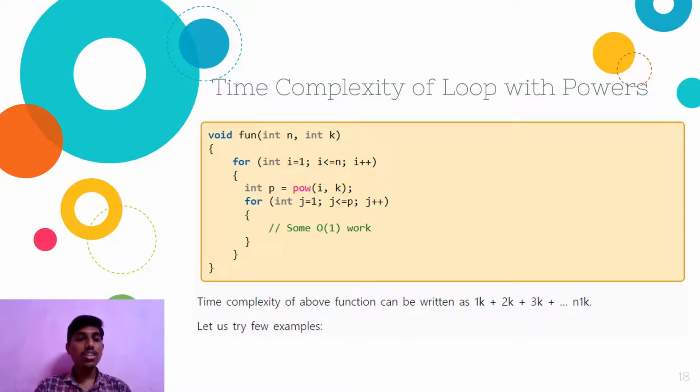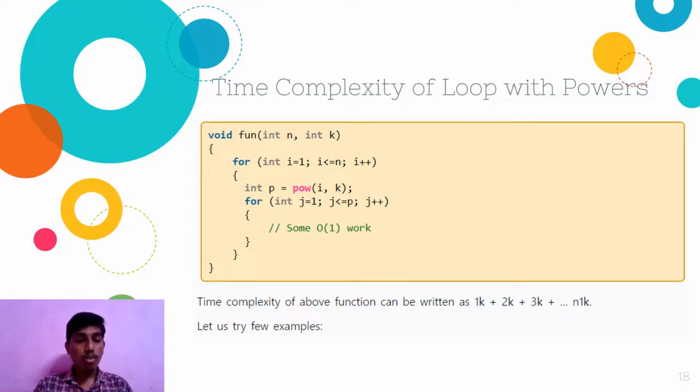Inside this function we have taken two for loops. The first for loop starts from the variable i equal to 1 and ends when the variable is less than or equal to the given n in the function, and it increments until this condition is satisfied.